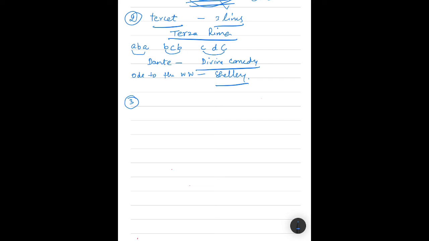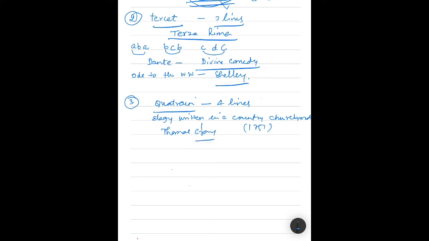Third, very popular, quatrain, stanza of 4 lines. So 2 lines couplet, 3 lines tercet, 4 lines quatrain. A very famous poem which I would like to tell you here, and you must have read this poem, Elegy Written in a Country Churchyard by Thomas Gray.